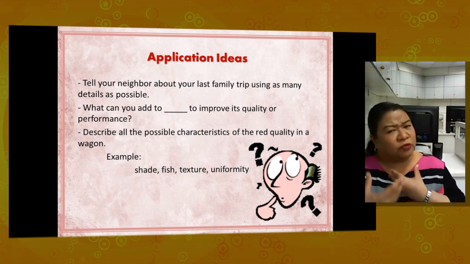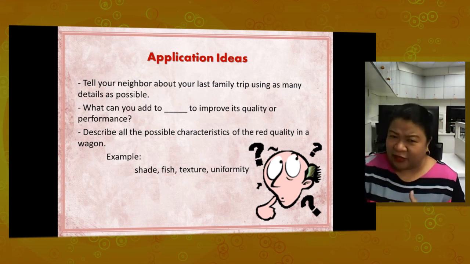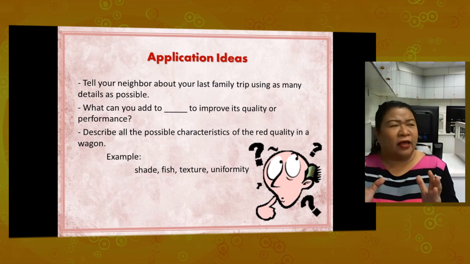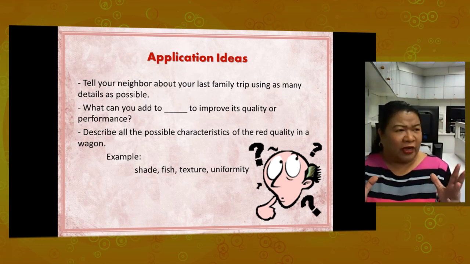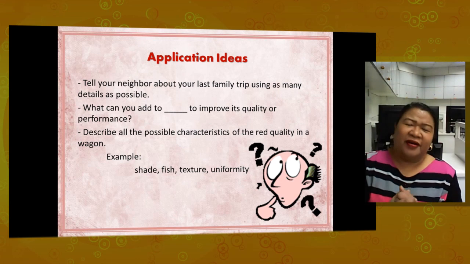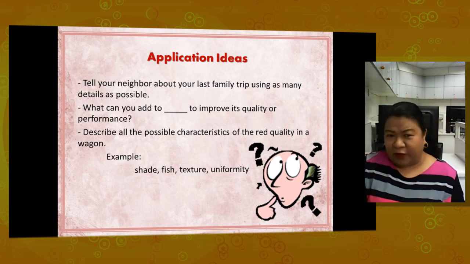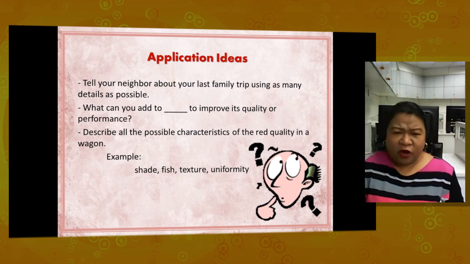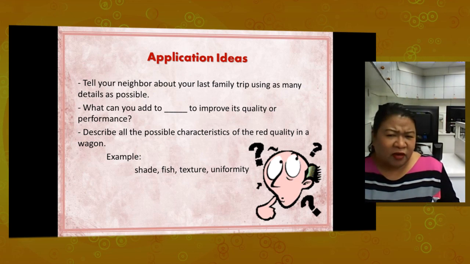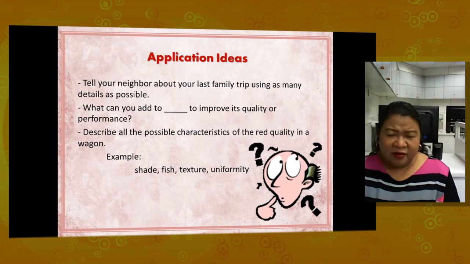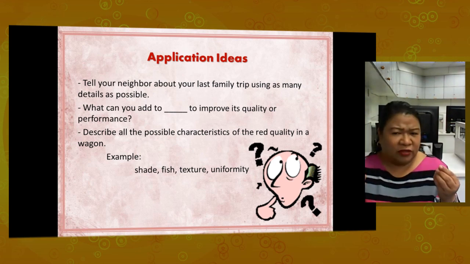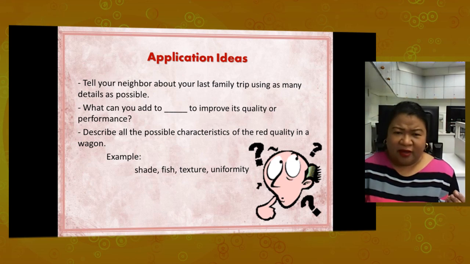So when you're able to say it with all the details and make it so your neighbor can actually see it, that would be the ability for elaboration. Or maybe you say, describe all the possible characteristics of a red wagon. So you think of how else you can describe red, no? And if it's just a red wagon, so that would be elaboration.